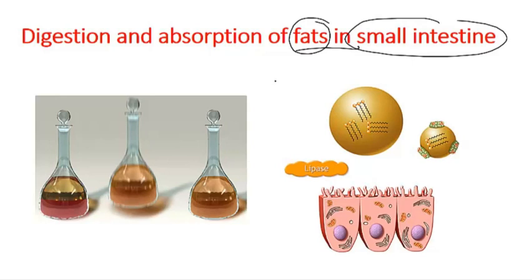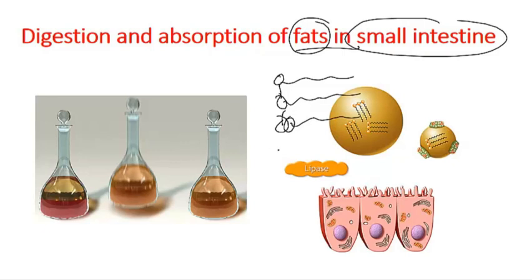Most dietary fats are triglycerides, which are made up of 3 fatty acids, which could be short, medium or long hydrocarbons, each bonded to glycerol with the help of ester linkage. Most of this digestion occurs in the duodenum of the small intestine.